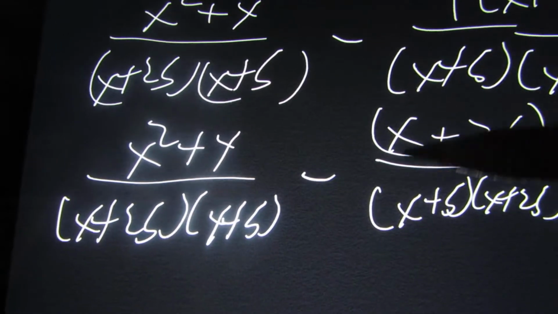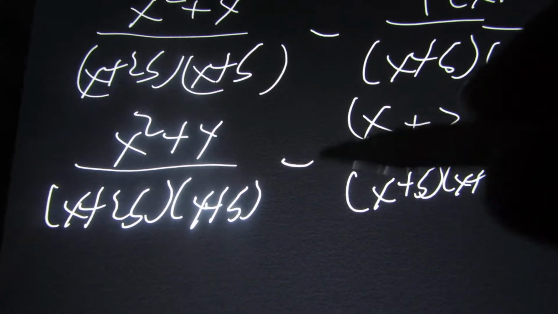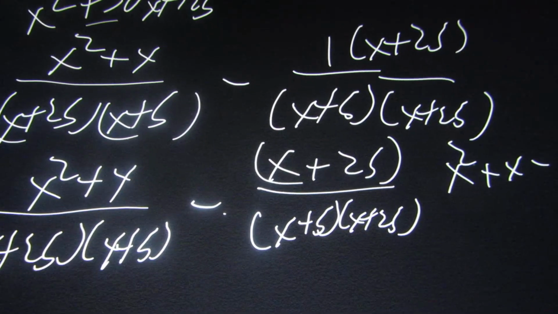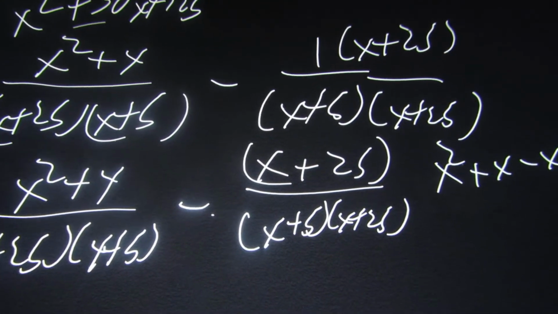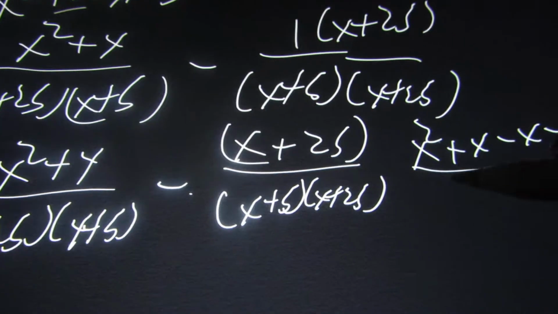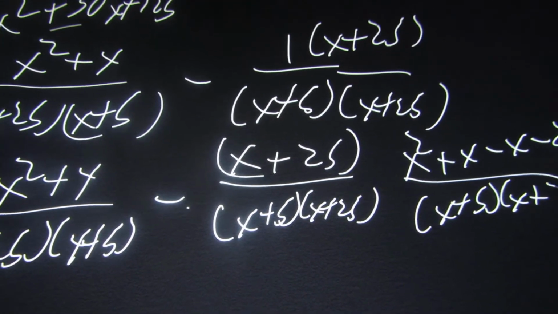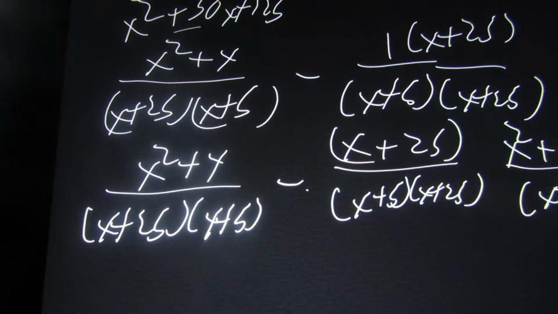So when I put all of this over 1 denominator, I'm going to have x squared plus x minus x minus 25 over (x plus 5)(x plus 25).